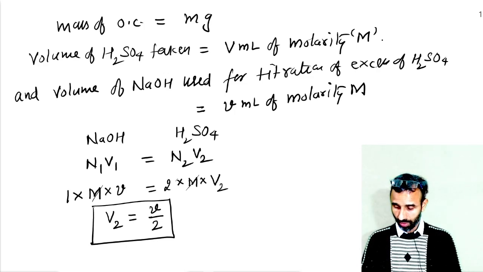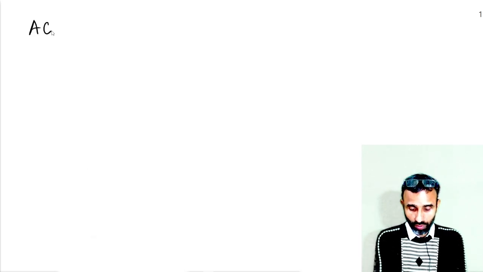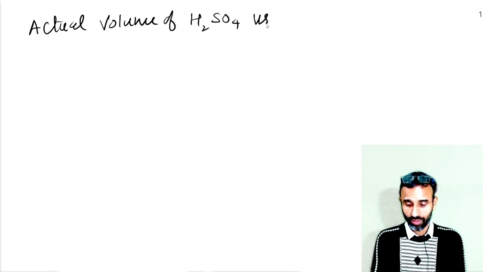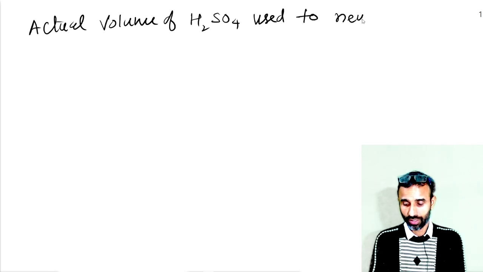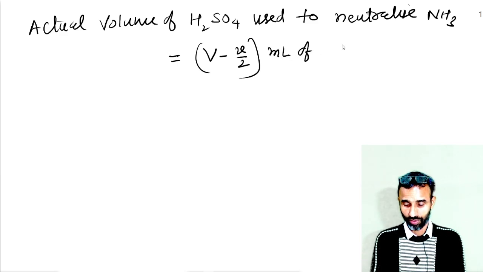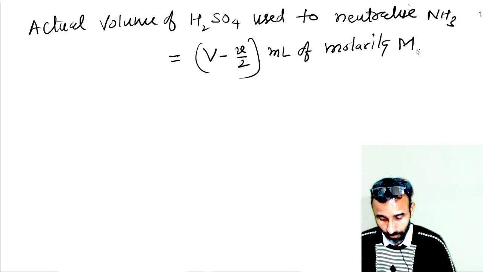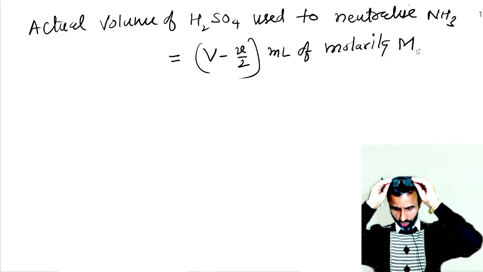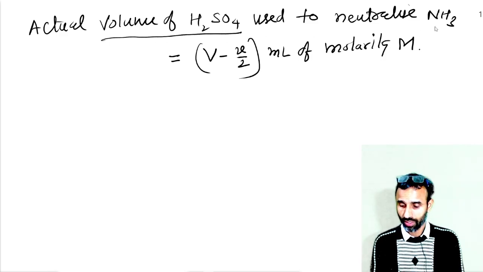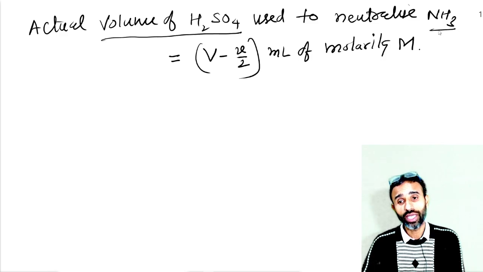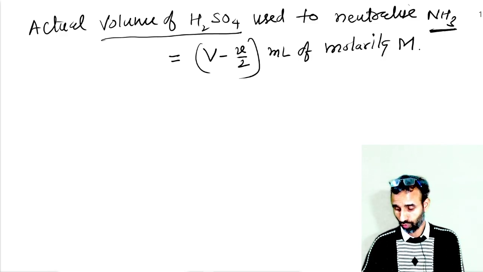So in this way, the actual volume of H2SO4 used to neutralize ammonia is equal to V minus V by 2 ml of molarity M. If ammonia has the same molarity, then what is the volume of ammonia?